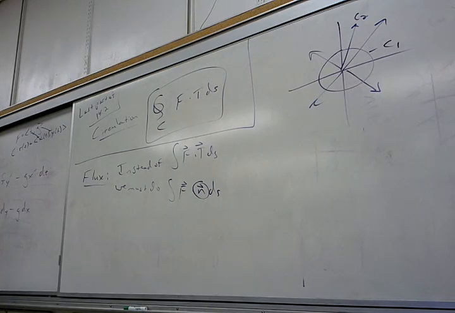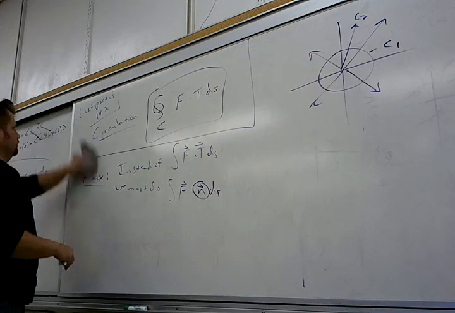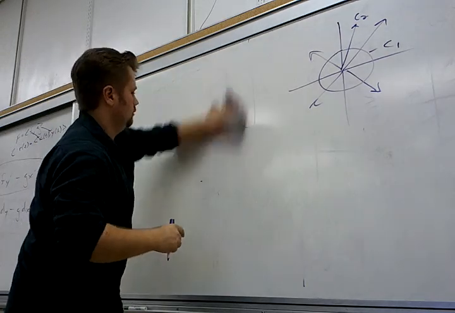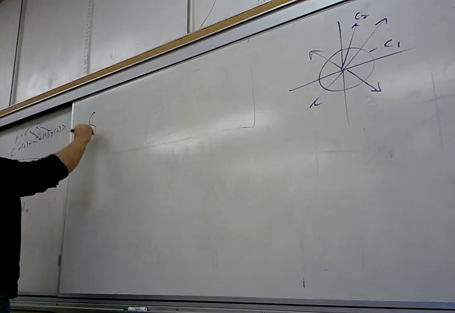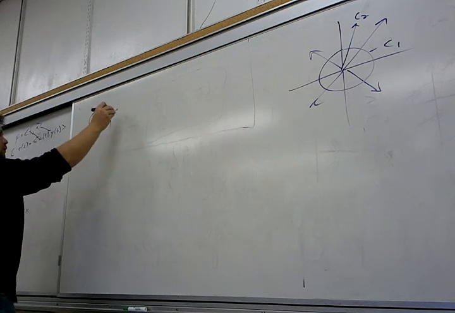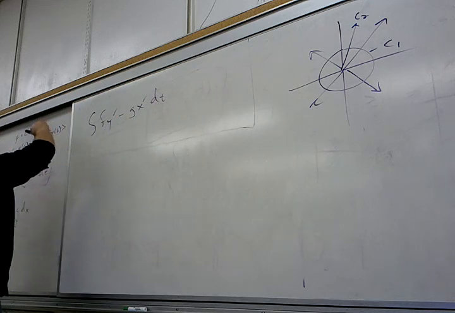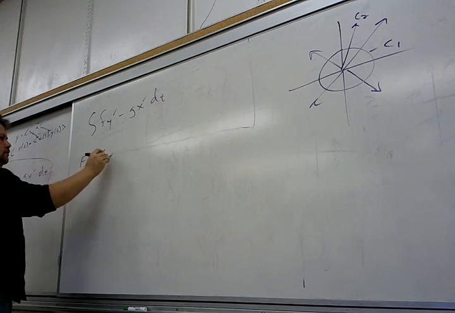Okay. So if I want to do it this way, it's actually the way we really need to do it. Actually, I wanted to do one like this anyway. So the way they gave this to me was x, y.